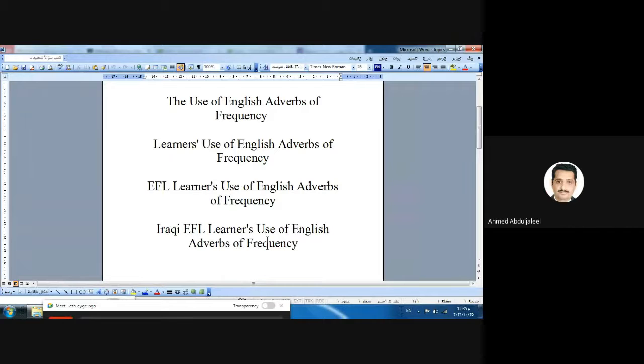First of all, we don't have a limit on topics. It's open to you. As I said from the beginning, it's something related to your interests. You have your field of study, English language. We have two fields, linguistics and literature. But what do you feel you have experience in?